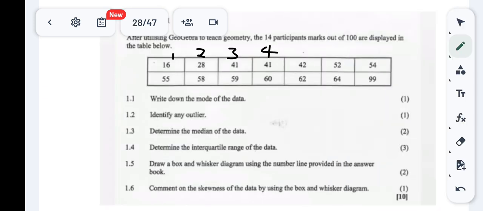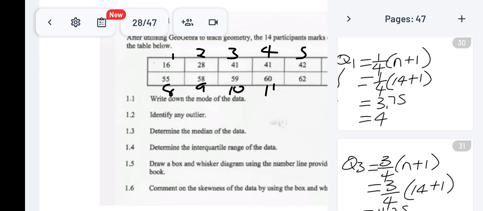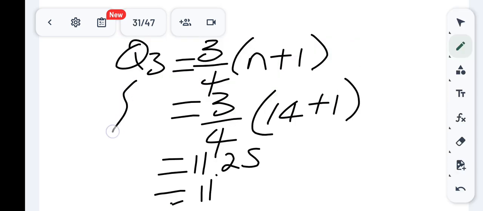So at position number 11, counting 5, 6, 7, 8, 9, 10, 11, 60 is our Q3, the upper quartile.